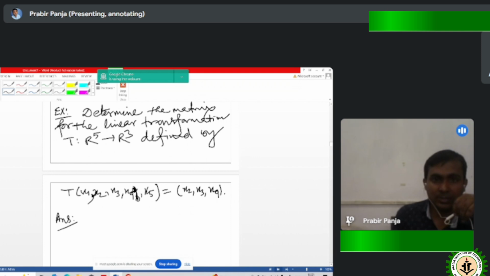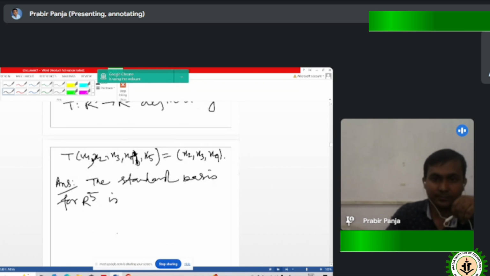representation for the linear transformation T. So first of all, we have to take the standard basis for R5.